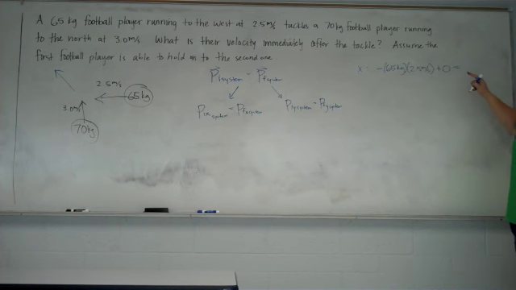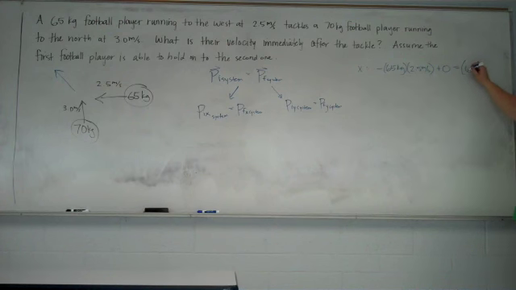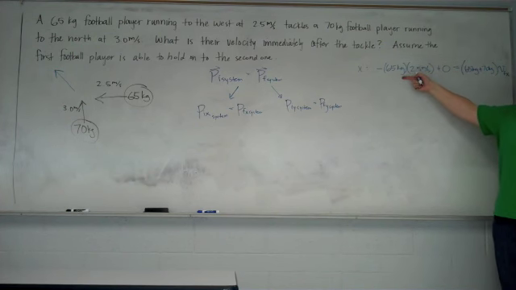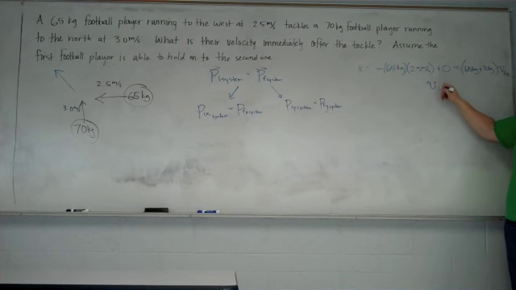Finally, if the first football player is able to hold on to the second one, they'll be moving together right after the tackle. And so we'll have a total mass of 65 kilograms plus 70 kilograms. So the final momentum is the total mass times the final velocity, but just the x component. The momentum in the x direction initially will only give us the x component of the velocity finally. That's fine.